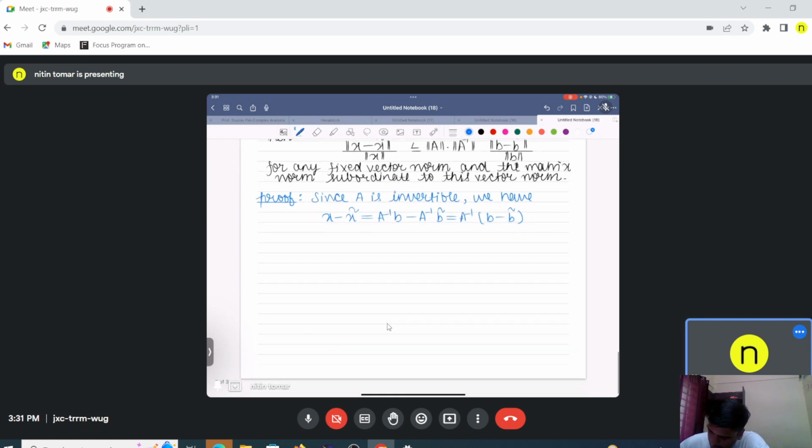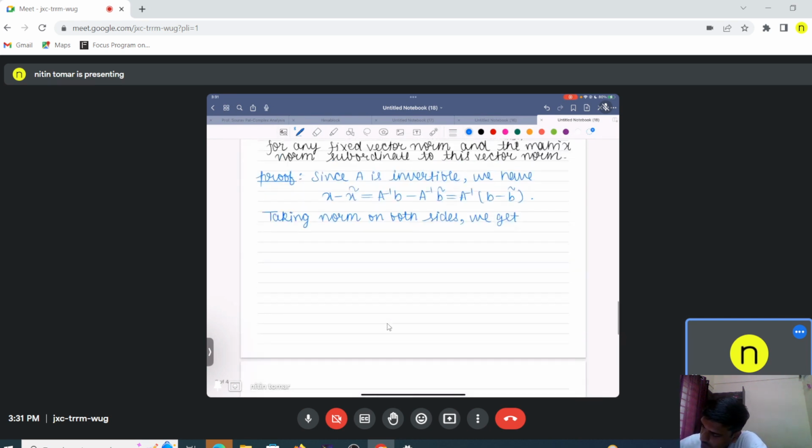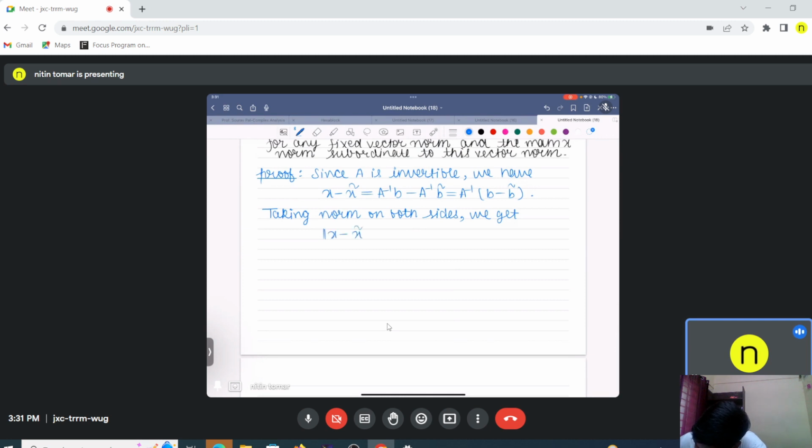Now taking norm on both sides, we get norm of x minus x tilde is the same as norm of A inverse times (b minus b tilde), and we use this inequality, so it is at most norm of A inverse times norm of b minus b tilde, and this holds for every vector, so this we have.